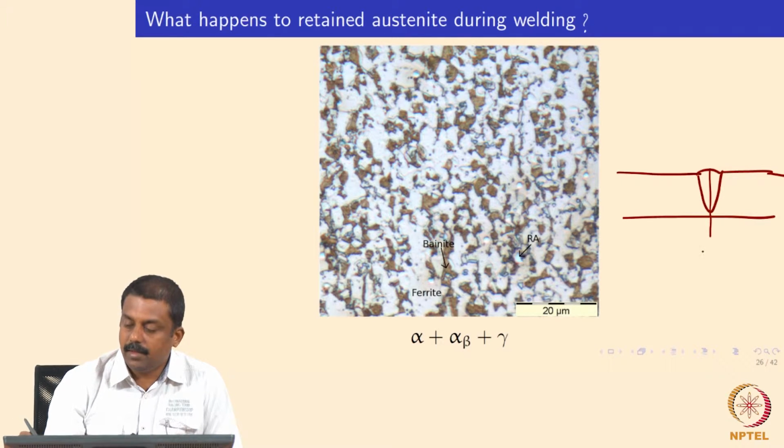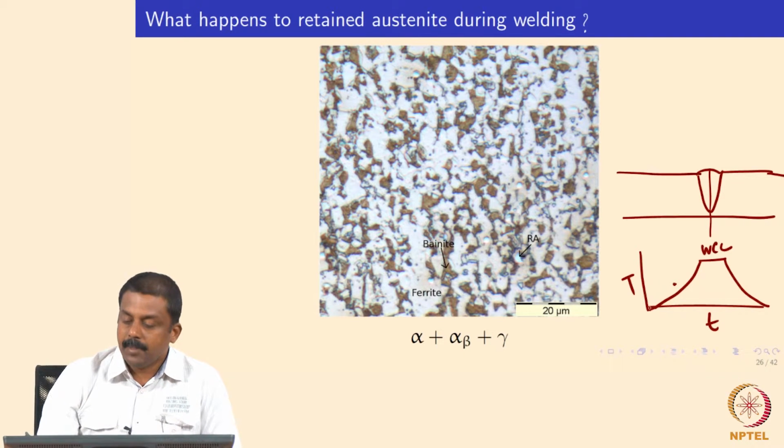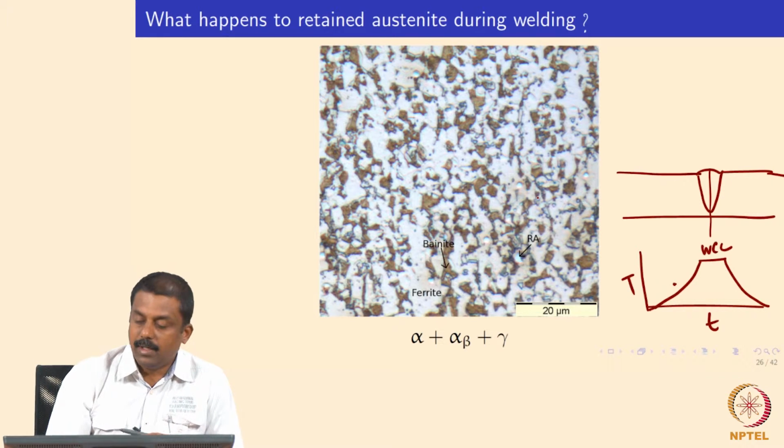Suppose this is your weld center line, and when you go away from the weld center line towards the base material, your peak temperature would range from close to melting, and then it will go to room temperature far away from the weld. And so, in the regions where the temperature reaches below the A3 temperature, the austenite formation temperature, you may expect this retained austenite would be completely destroyed.